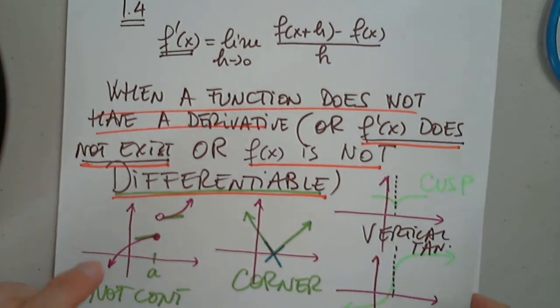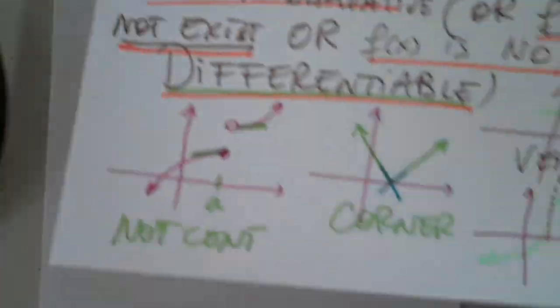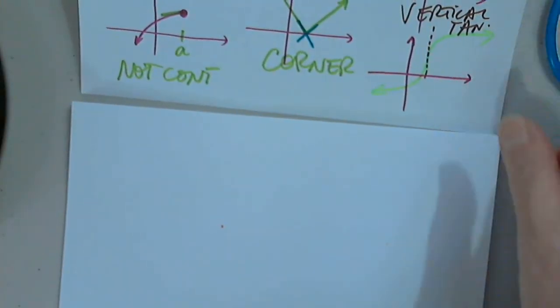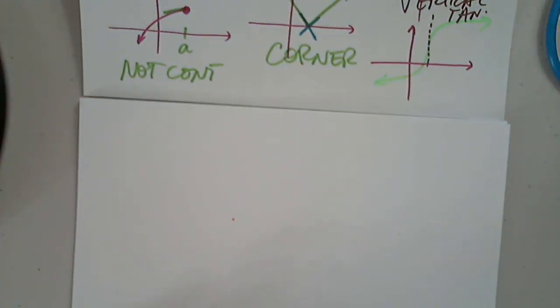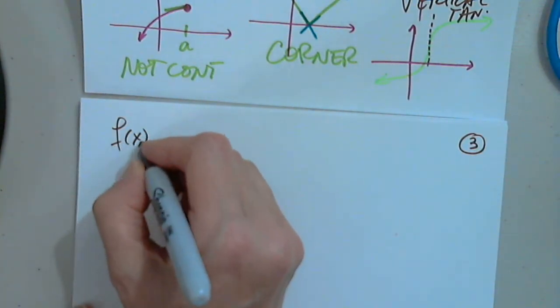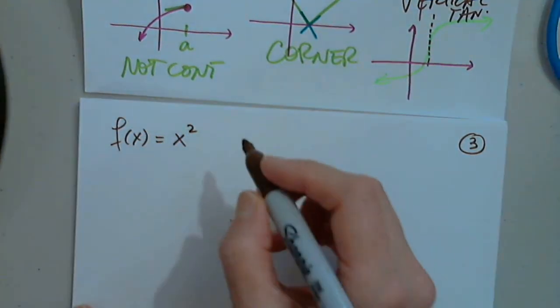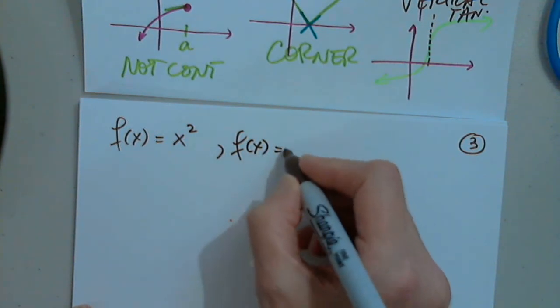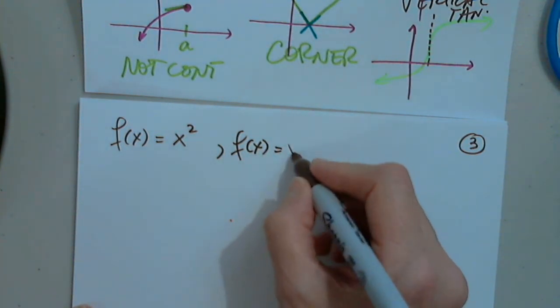Okay, now I would like us to look at some functions and determine their derivative using the definition of the derivative. I will give you a list. I would like to look at this. I would like to look at this.